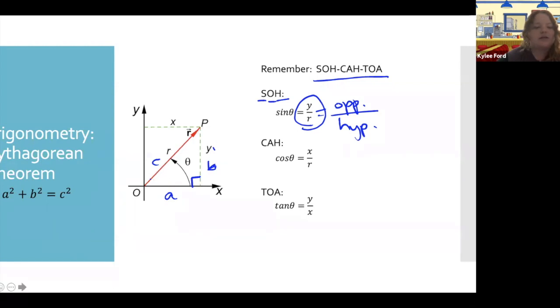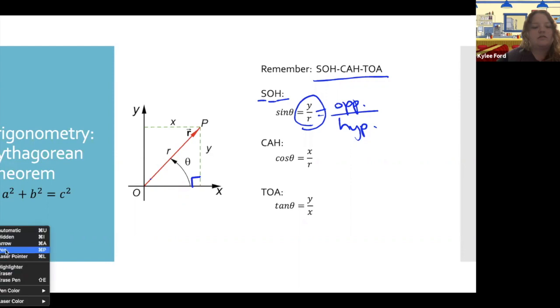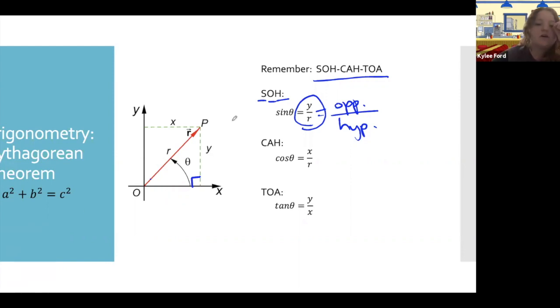That long side is going to be our hypotenuse. So we know what SOH stands for.